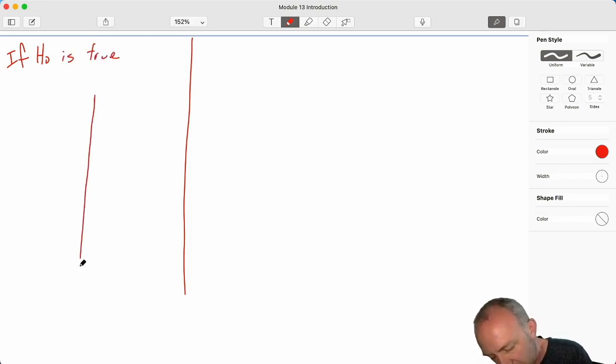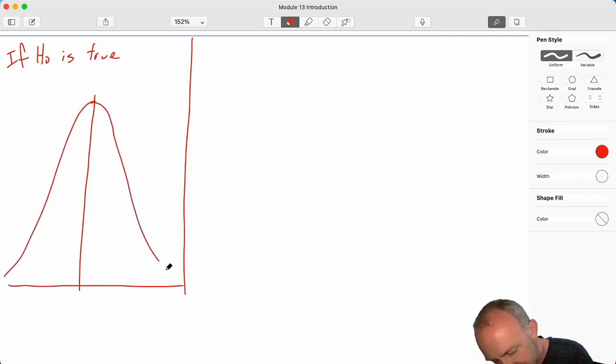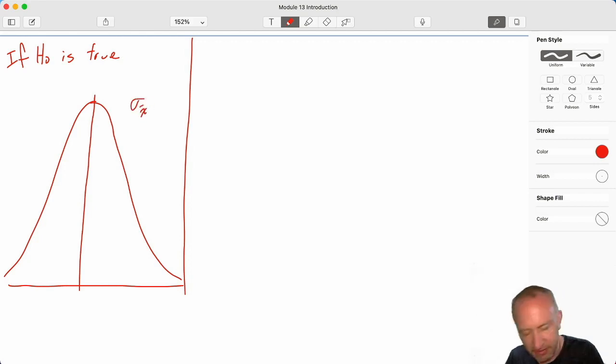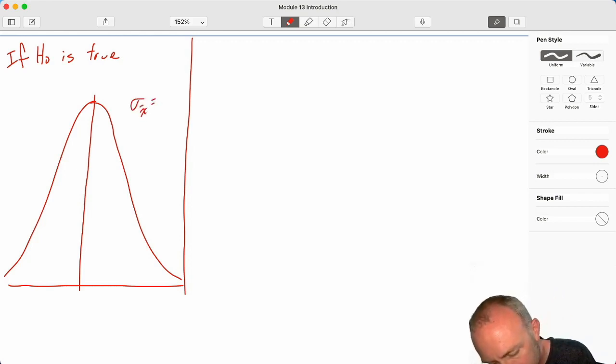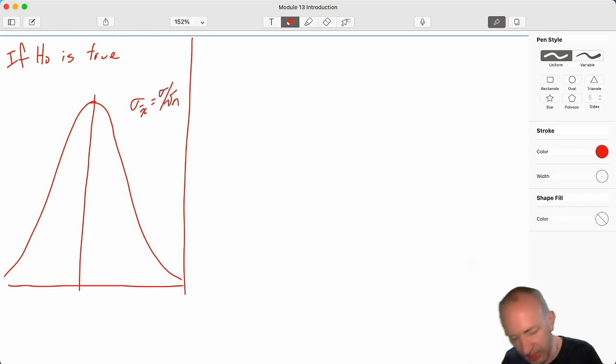So I have then one distribution, looks something like this. This has some standard deviation sigma X bar, which we know is sigma over root n. This has some common population mean mu.